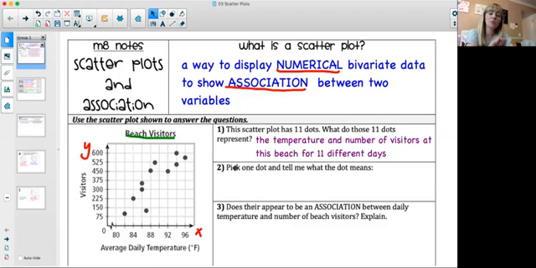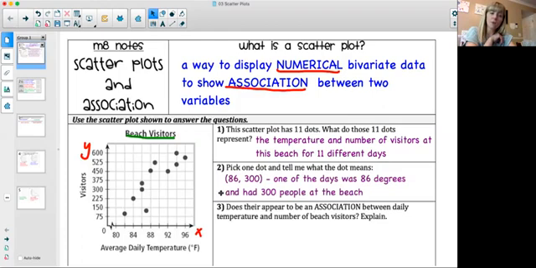Okay, so number 2 says pick one dot and tell me what that one particular dot means. So the one dot I'm going to pick, and you don't have to pick this one, but I just found one that looks pretty close to a corner. This is 84, this is 86, and I followed it up here. That one looks almost on a corner, so it felt easy to pick and work with.